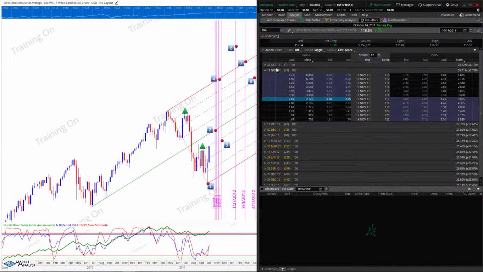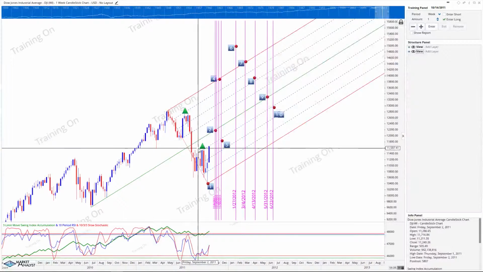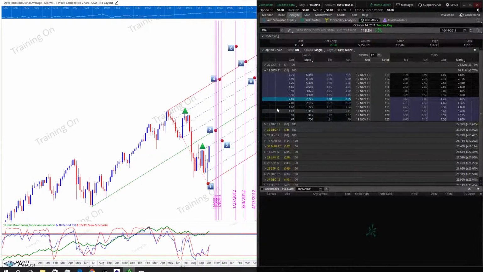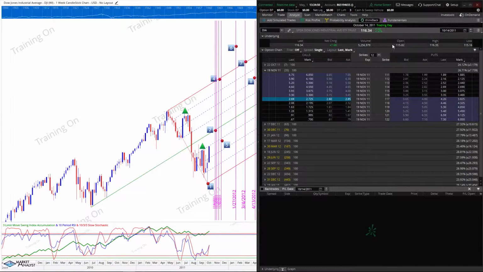There we go. Now, the Dow is around, what do we got? 650, around 640 something. All right. So what does this one have? Yeah, 634. So 11,634. What we're going to do is go ahead and buy.